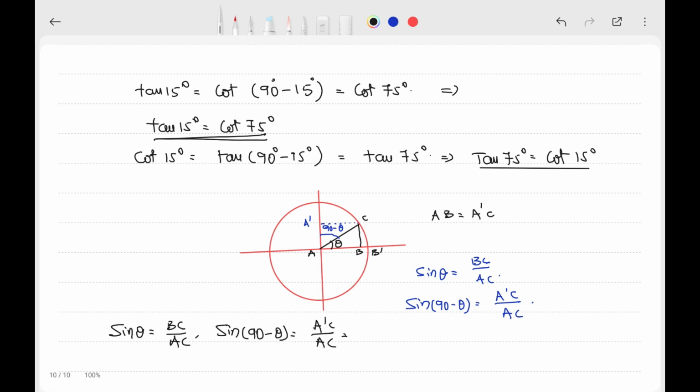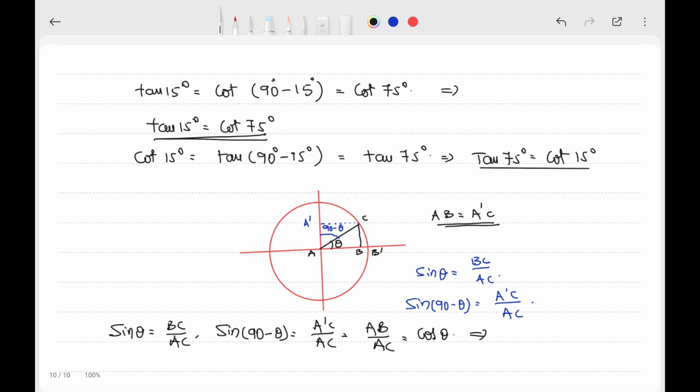What is A dash C? A dash C is equal to AB. That means AB by AC. What is AB for theta? AB for theta is the adjacent side. That means cos theta, adjacent side by hypotenuse.